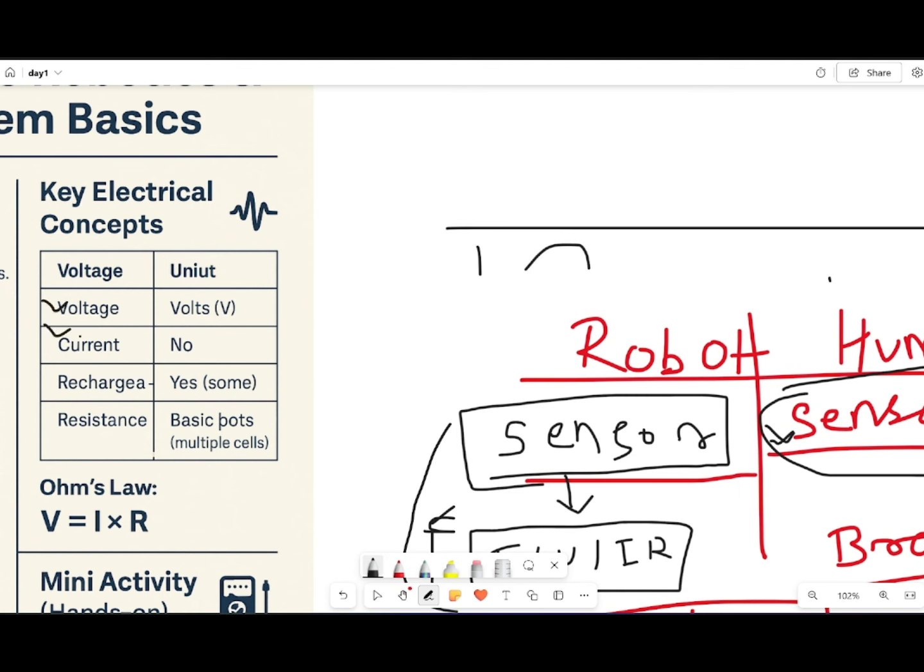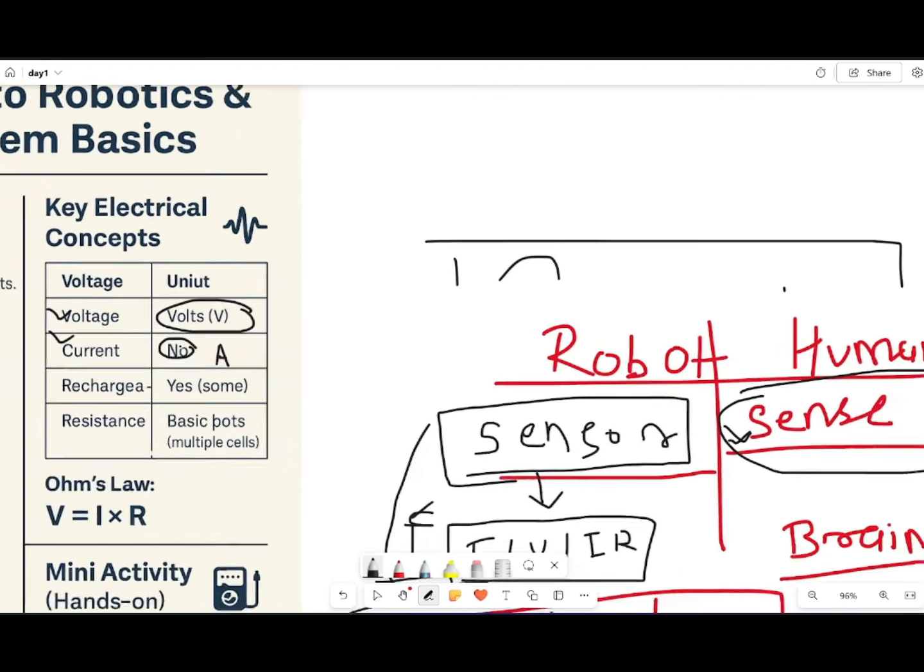The unit of voltage is V. The unit of current is ampere, which is A. Clear? Why is it written here?